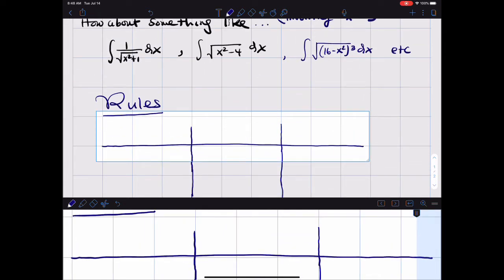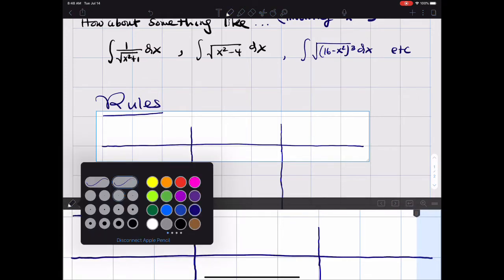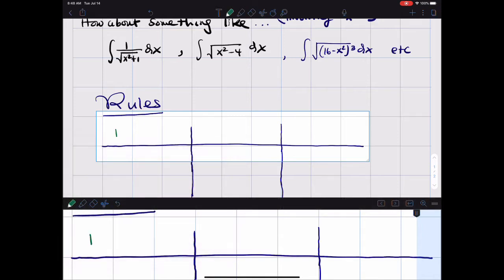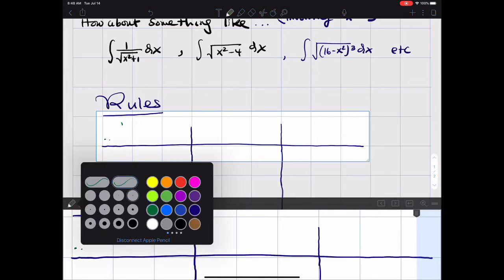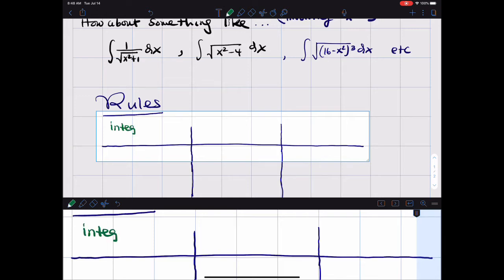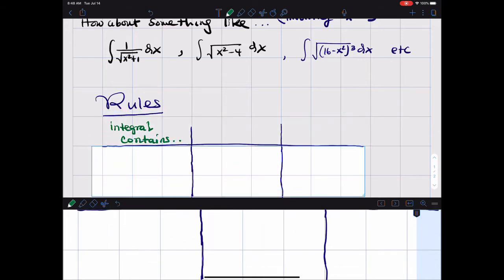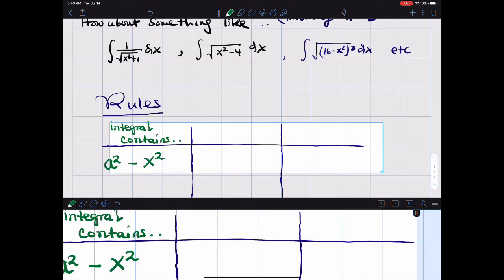So what's this rule about? I'm going to have a column that says if the integral contains, say, a squared minus x squared, where a is a constant, what kind of trig substitution do I use?